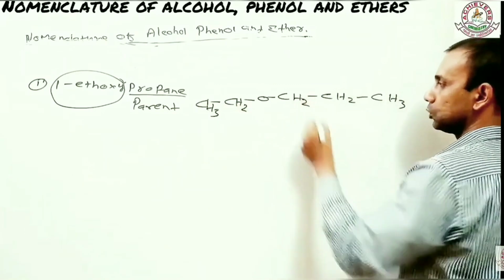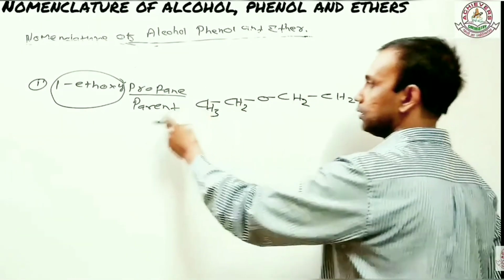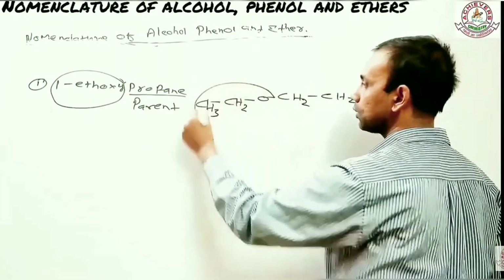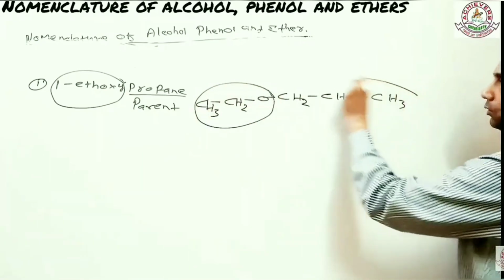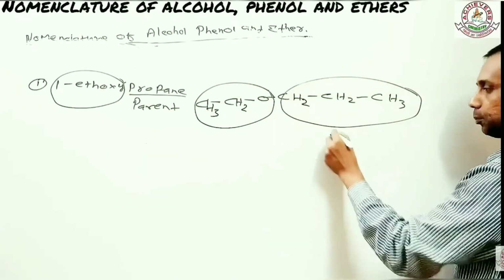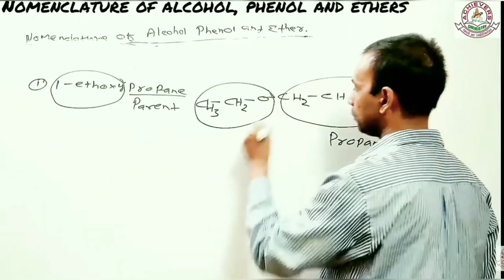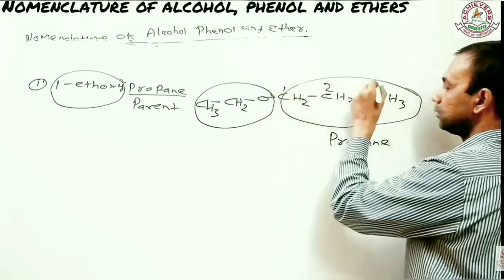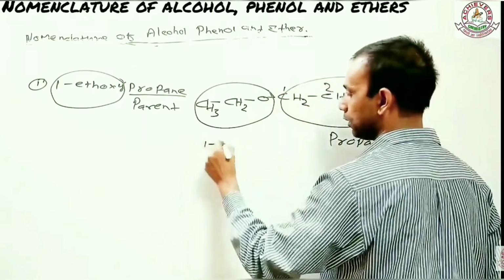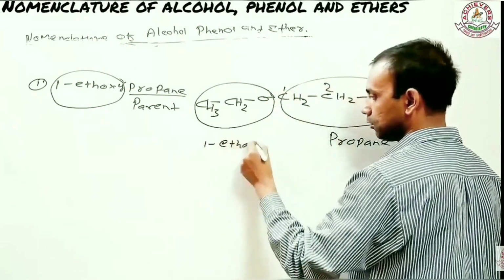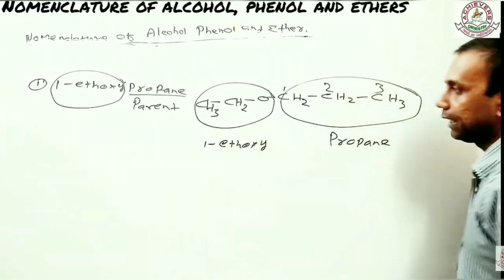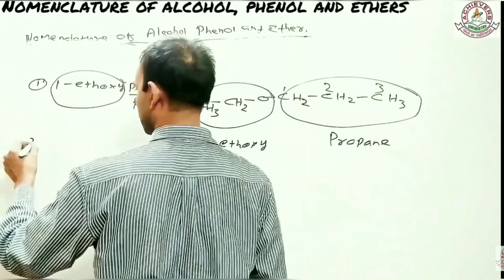This is also going to be CH2 here. So 1 ethoxy, there you have the ethoxy. And propane, you have this one as propane, and this is your 1. Why is this on 1? Because 1, 2, 3. So 1 ethoxy. This is how you can write the structure from the name.